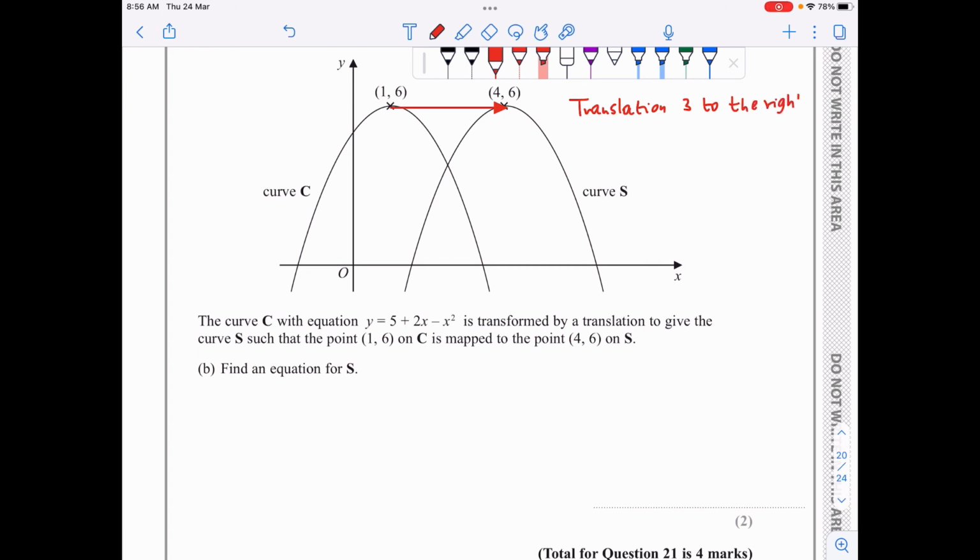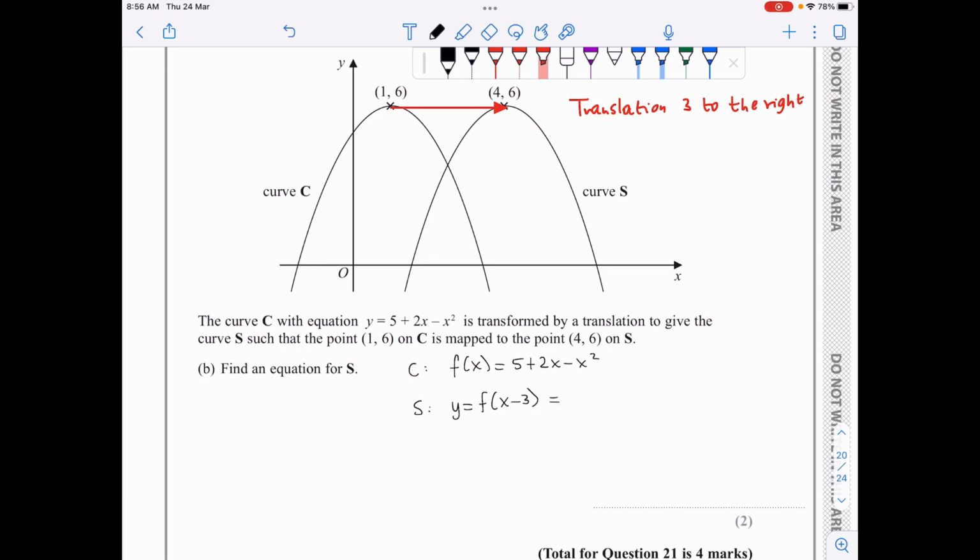Now it makes sense to start by saying that curve C has equation f of x is 5 plus 2x minus x squared, and then curve S will simply be a translation 3 to the right, which is f of x minus 3.